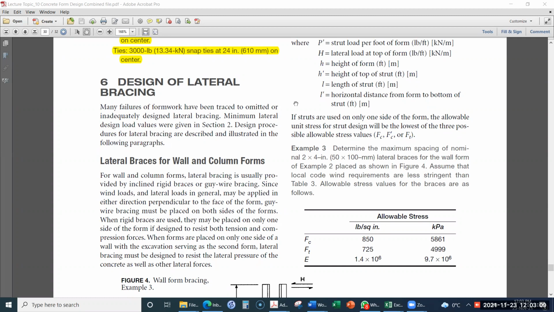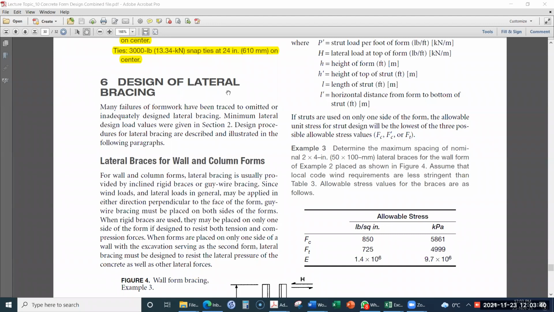So today we will have the design of the lateral bracing. These lateral bracings are the external supports needed for the formwork. The formwork itself is strong enough that we can design, but externally, the supports should also be strong.